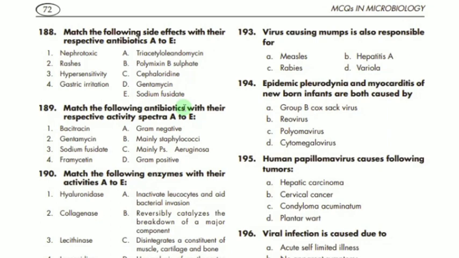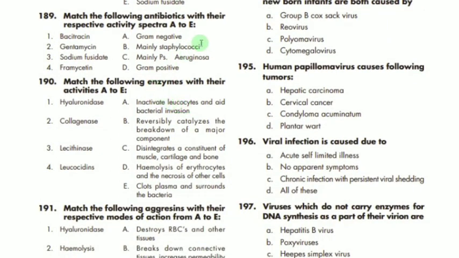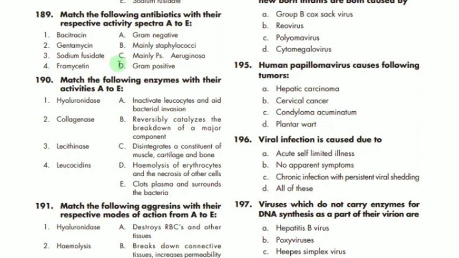Okay. Then we have the 189th MCQ, which says match the following antibiotics with their respective activity spectra, A to E. For example, the first antibiotic is bacitracin. This bacitracin is mostly used for gram positive. Gentamicin is used for gram negative.